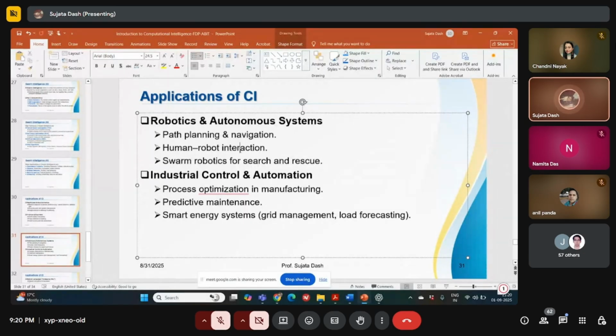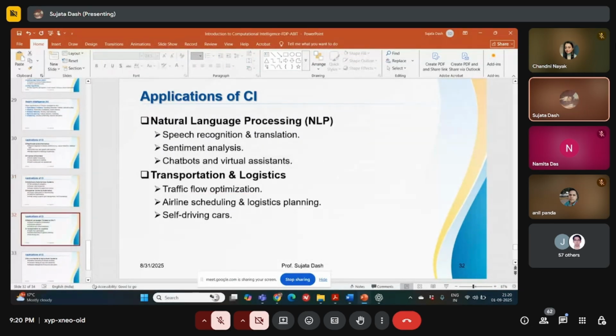So here CI algorithms forecast energy demand, optimize power distribution, and integrate renewable energy sources, so forecasting peak electricity usage to prevent blackouts can be done. Also, it can optimize the charging schedules for electric vehicles. So these are the different applications.